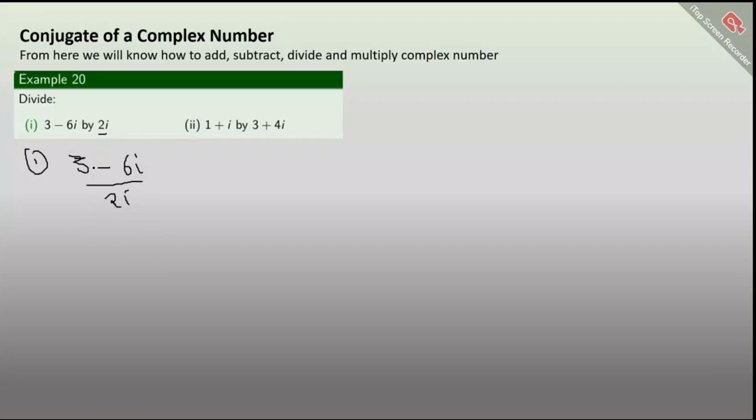So when you have just the imaginary part as your denominator, you just multiply by i. You multiply by the imaginary unit, not the conjugate.